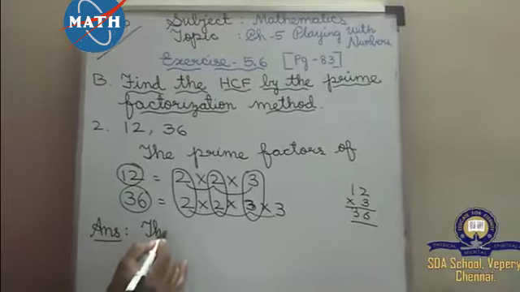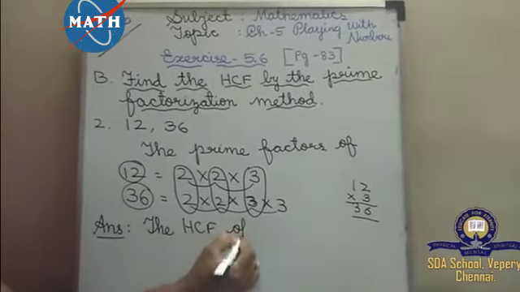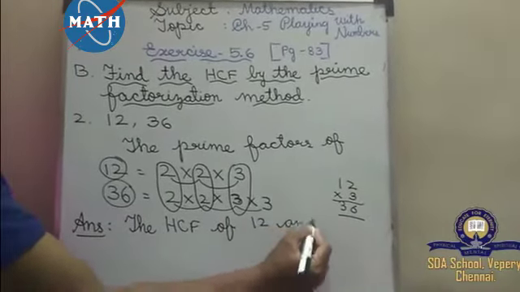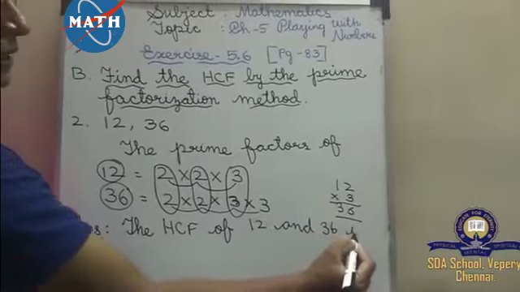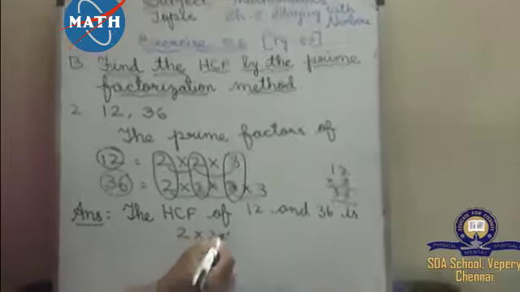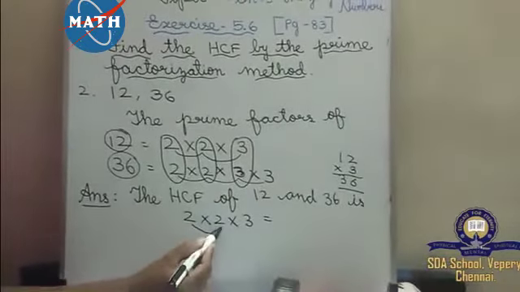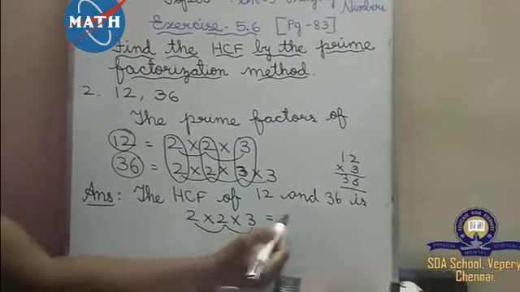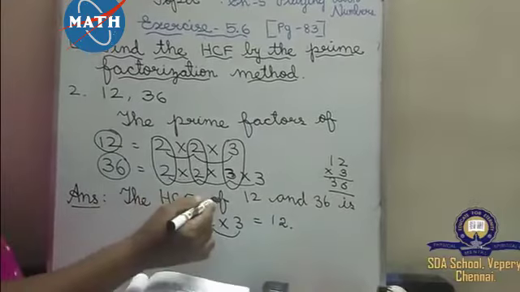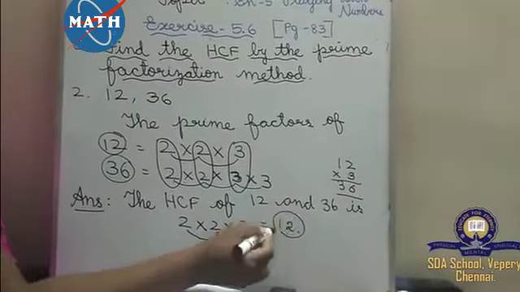The HCF, highest common factor of 12 and 36 is 2 into 2 into 3. So what's the answer will come, children? 2 2s are 4, 4 3s are 12. So what's the answer, children? 12. The highest common factor of 12 and 36 is 12.